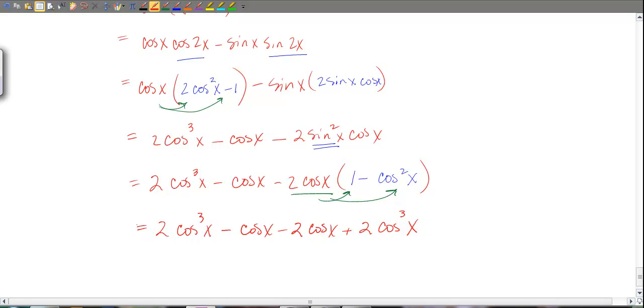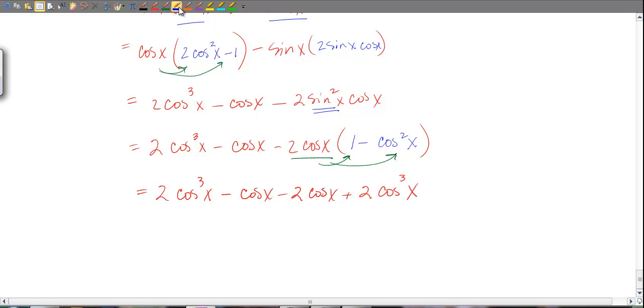So I have 4 terms here now, and we're going to collect our like terms. I have a cosine cubed and a cosine cubed here, and I have a cosine x and a cosine x there, so those are, you can see from my lines, like terms. So I have a total of 4 cosine cubed x minus 3 cosine x.